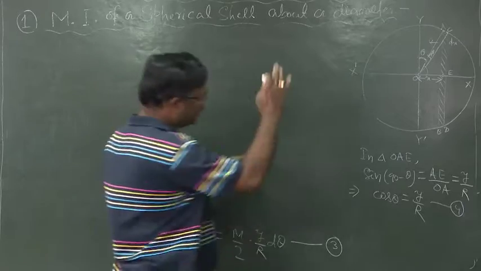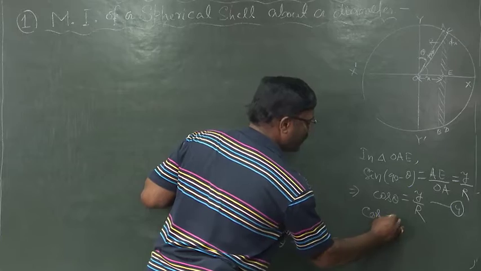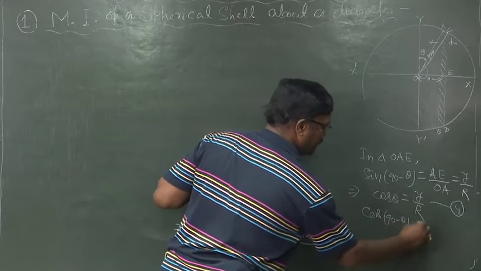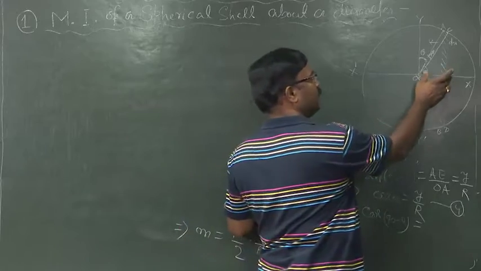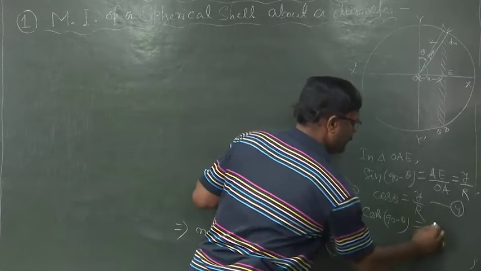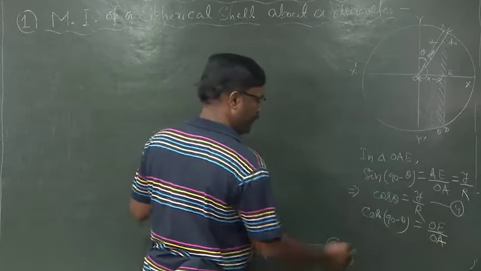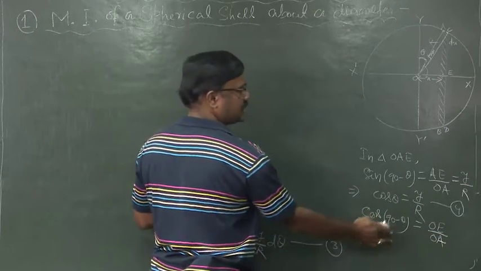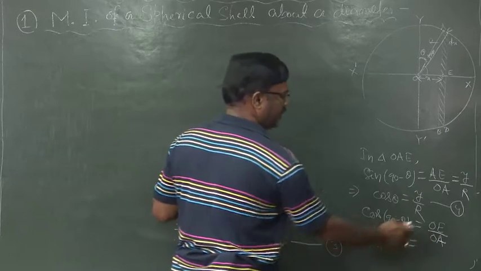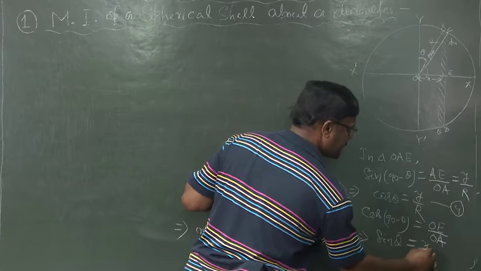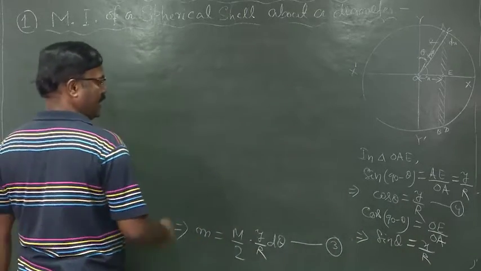Again in the same triangle, if we consider cos 90 minus theta, it will be equal to b by h, which is OE by OA, which implies cos 90 minus theta is nothing but sin theta. So sin theta is equal to OE by OA, which is x by r.